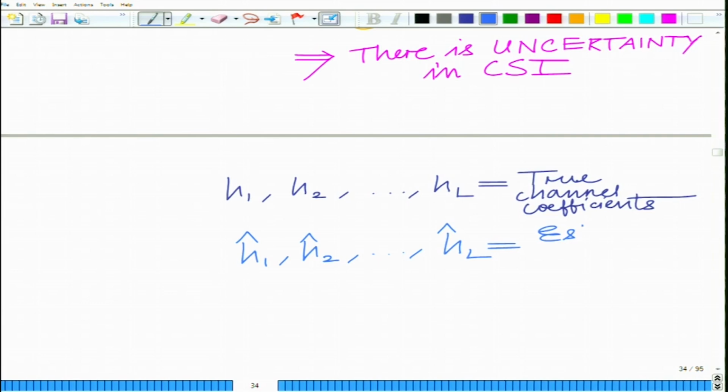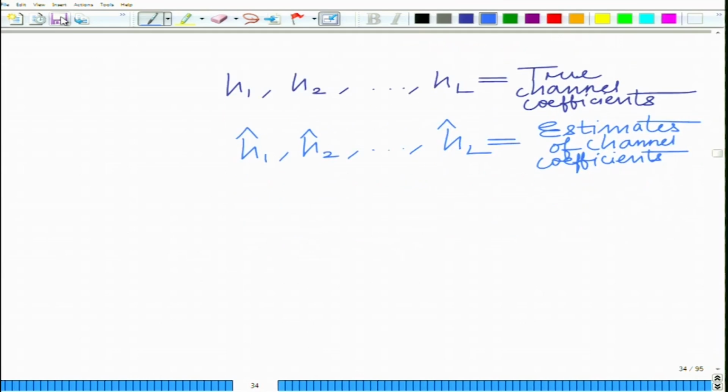These are the estimates of the channel coefficients. Okay.